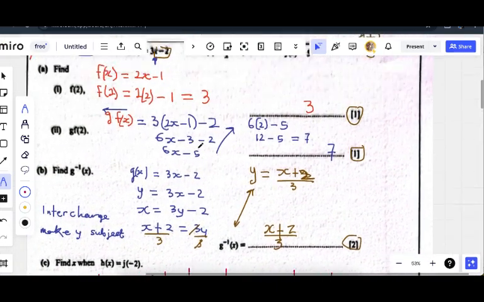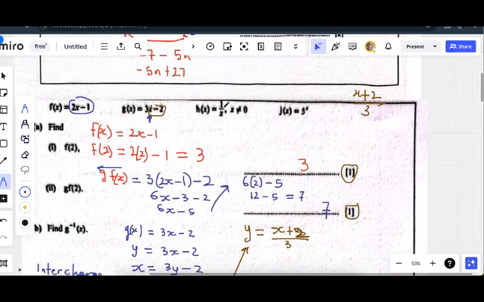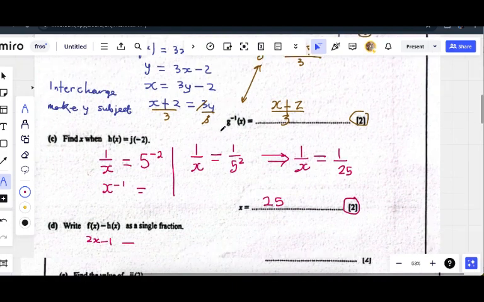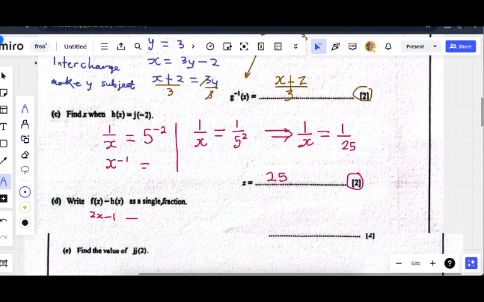We go and check our h of x. I think it's 1 over x. So 2x minus 1 minus 1 over x. We should write it as a single fraction. This one is small algebraic fraction work.